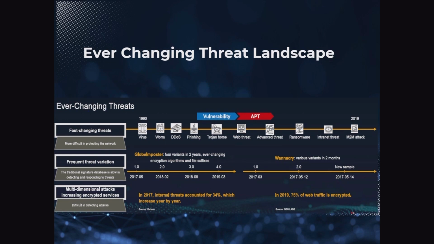He said, as you are also doing, so he said they will come. I'm just trying to show us activity. And then we have, in 2017, internal threats. That's internal threats accounted for 34%, which increased year by year.